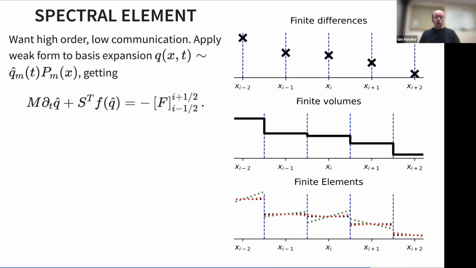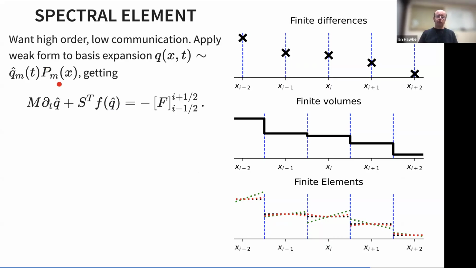Okay, so moving on to our final type of numerical method, which is the spectral elements. That's finite elements where within a given cell, we are representing the data using multiple pieces of information so that it looks like a function basis expansion. Once again, we use the weak form. We essentially integrate over the cell after multiplying by some smooth function.